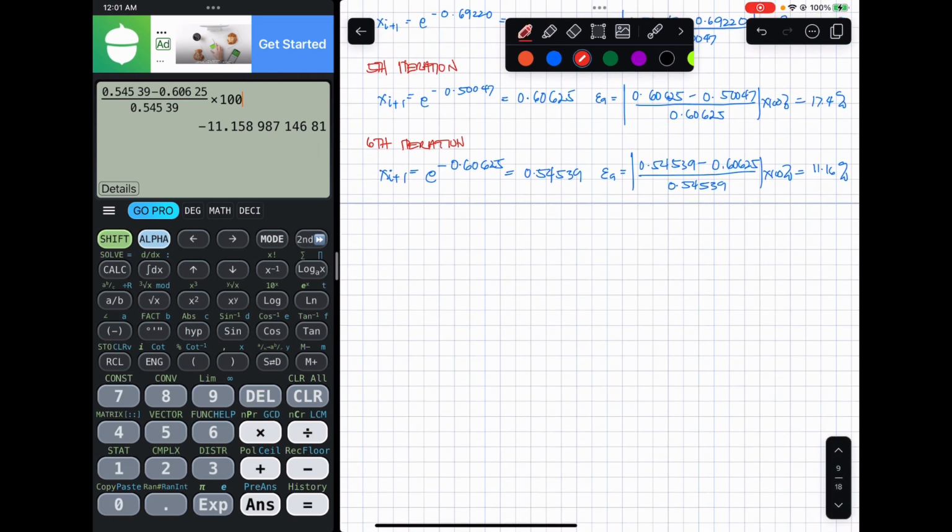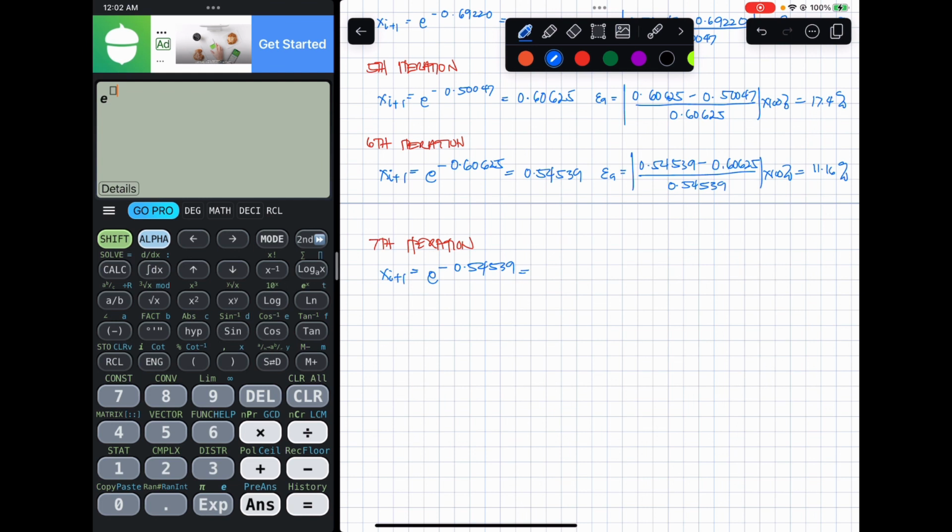Okay, so 7th iteration. So x sub i plus 1 is equal to e raised to negative 0.54539, so that makes it 0.57962.